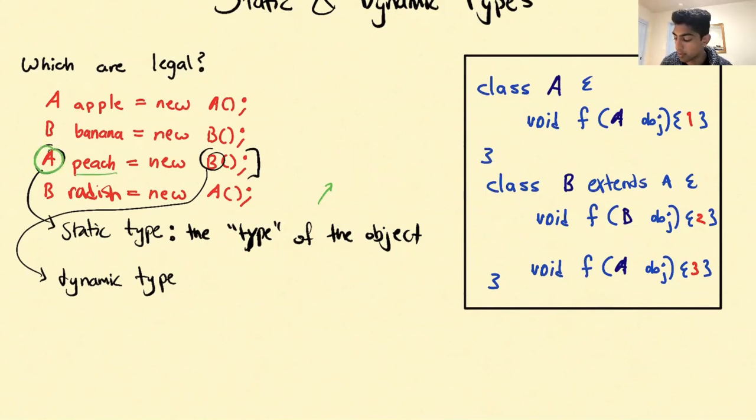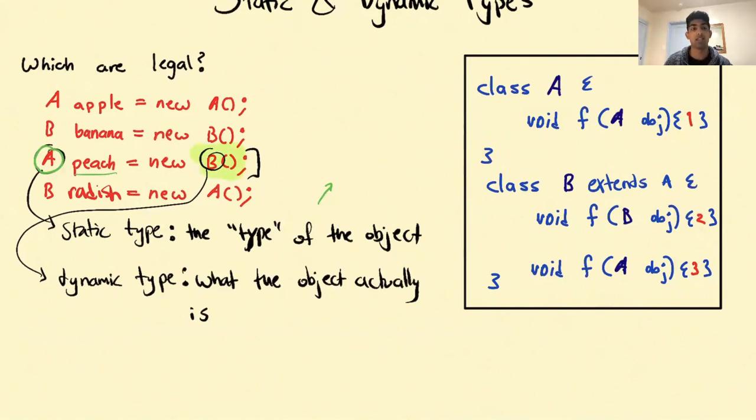The dynamic type is what the object actually is. In this case, we see that peach actually is an instance of the B class. So its dynamic type is B, okay?